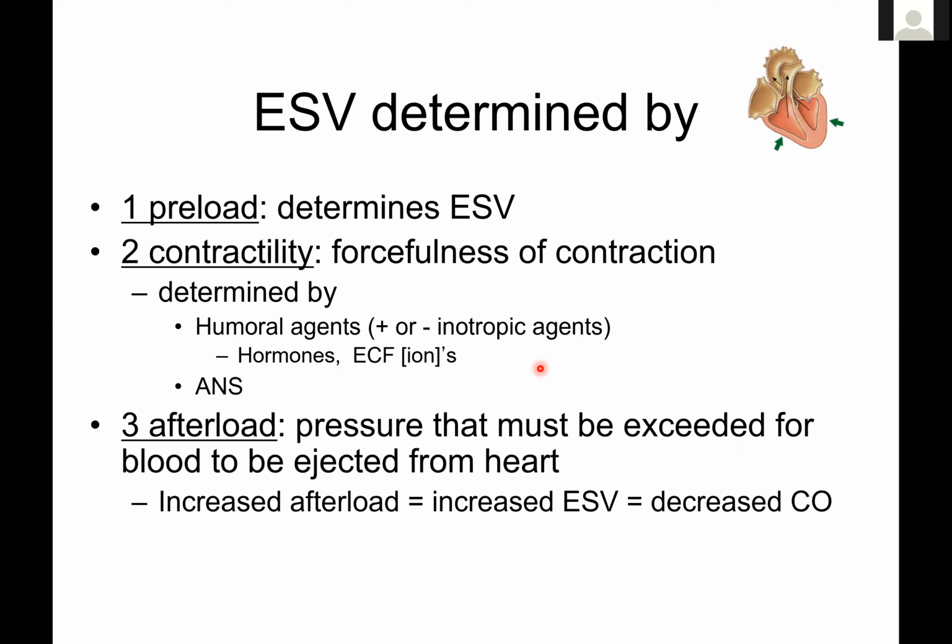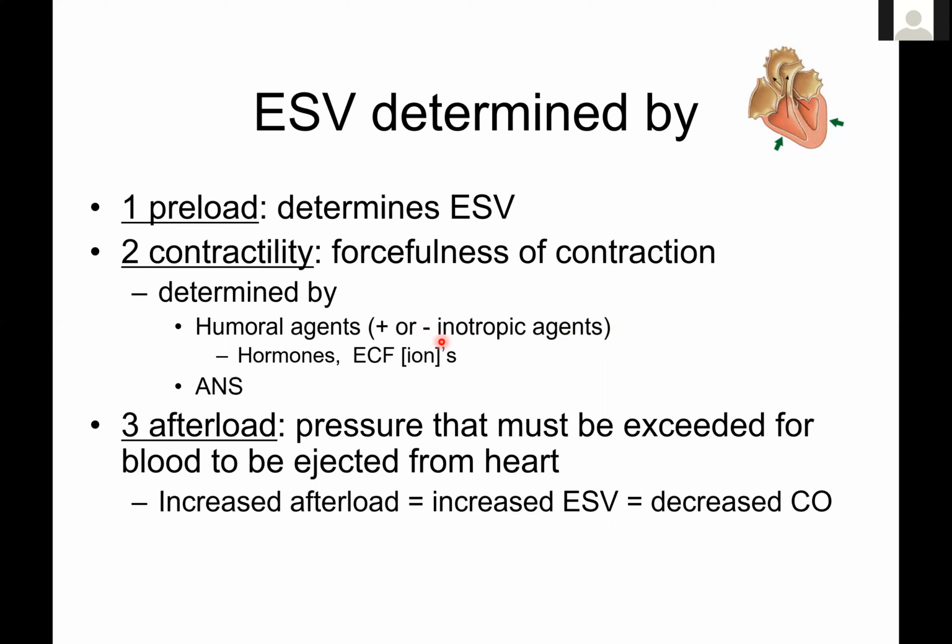So, end systolic volume. So after the heart ejects blood, how much blood is left over? How is that determined? One is preload. So due to the Frank-Starling law of the heart, if you have lots of preload, so a very stretched myocardium, theoretically, in a normal healthy heart, you should get an increase in stroke volume, and that's going to decrease your end systolic volume. Forcefulness of contraction in general will do this. So humoral agents, meaning ones that are in the blood plasma, you have positive or negative inotropic agents.